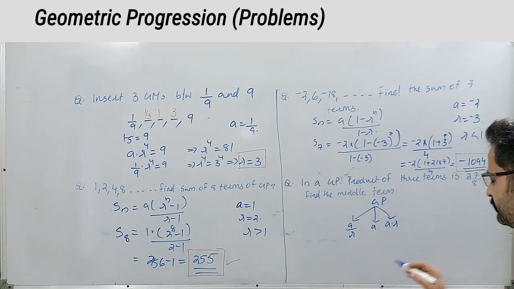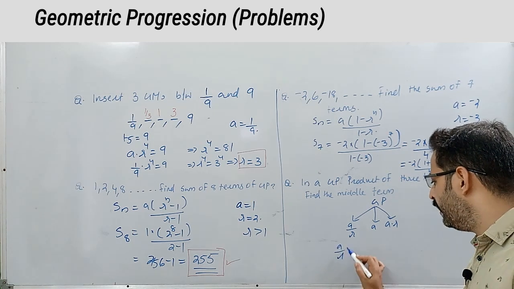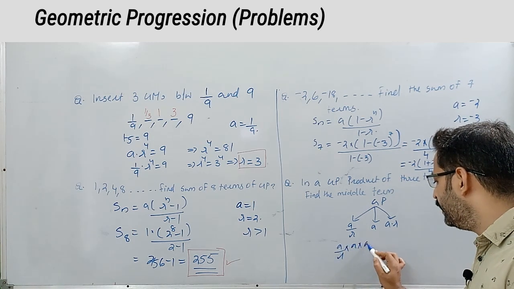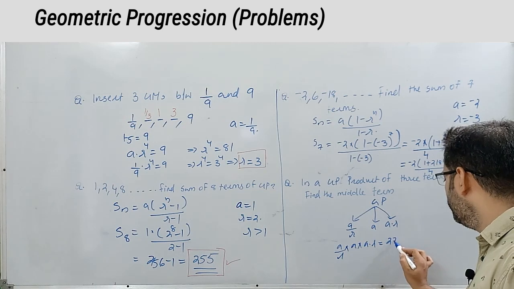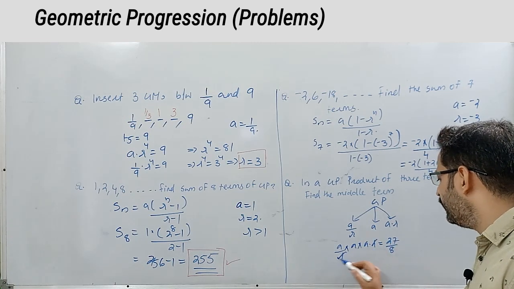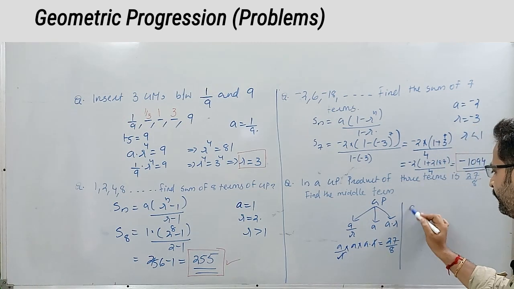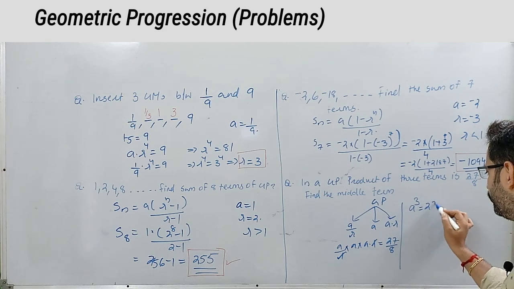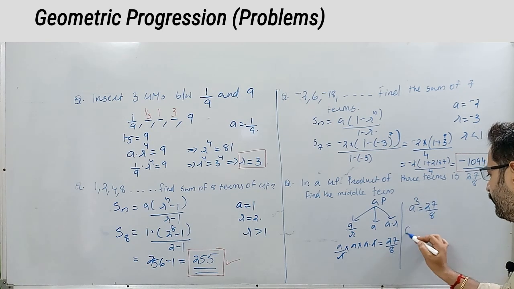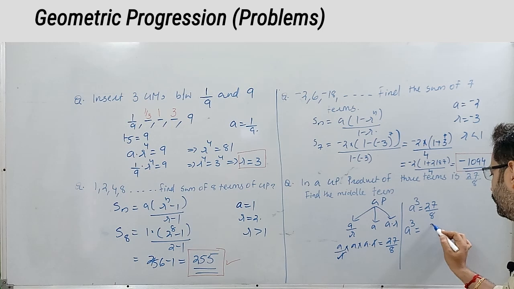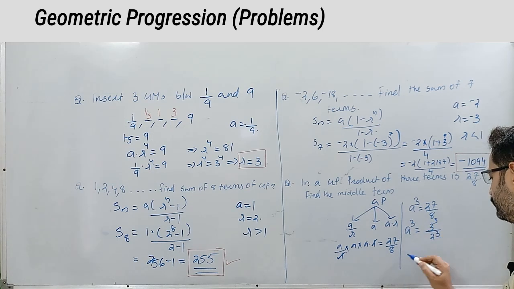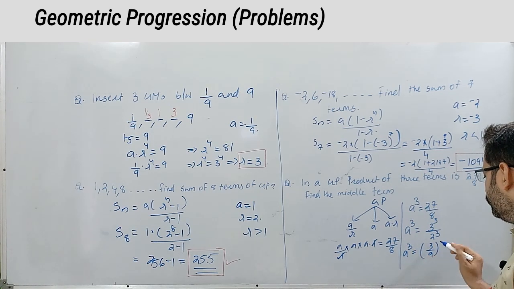The product of 3 terms, that means A by R into A into AR is equal to 27 divided by 8. R gets cancelled. You will get A cube is equal to 27 divided by 8. 27 can be written as 3 cube and 8 as 2 cube, so using the property of indices, A cube is 3 by 2 the whole cube.